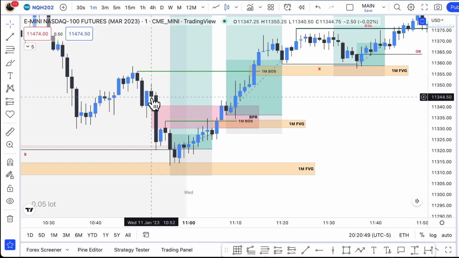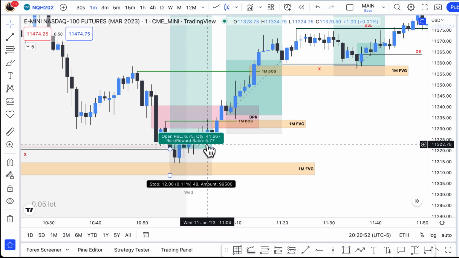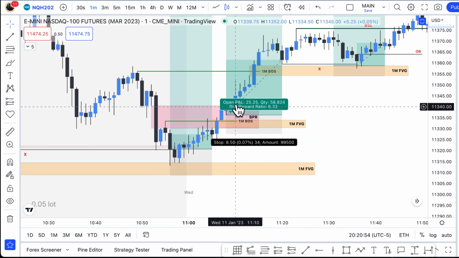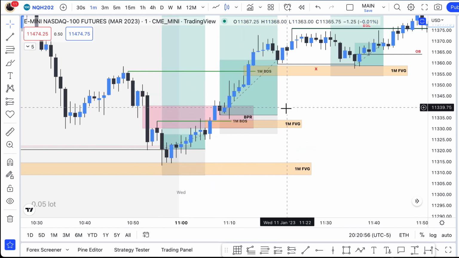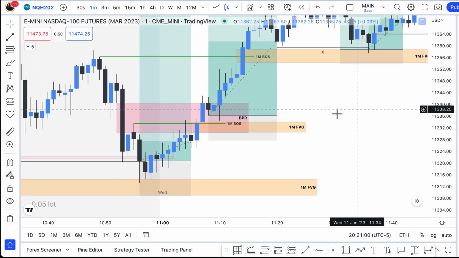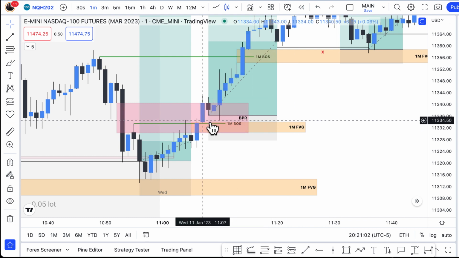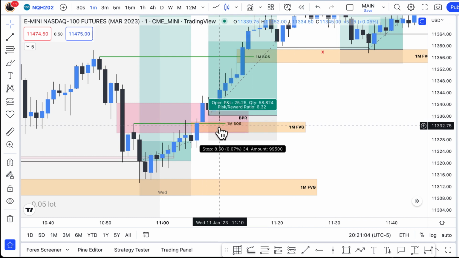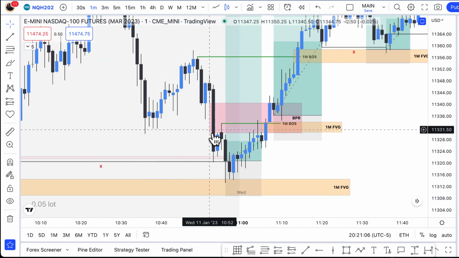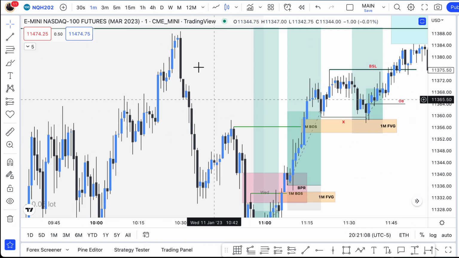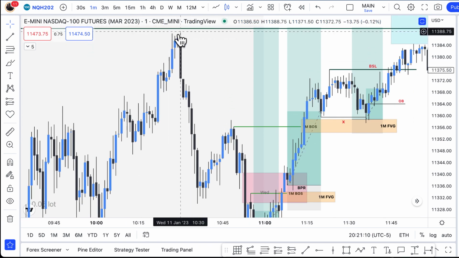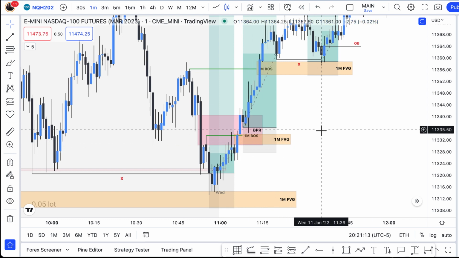So this is a sell side fair value gap. When price breaks through it, it becomes support, right? So you have another 1 minute fair value gap sitting here. Price never really truly touched into it, but once you know where price is headed next, right, because we know that price is going to want to come up here, then the entry doesn't really matter.